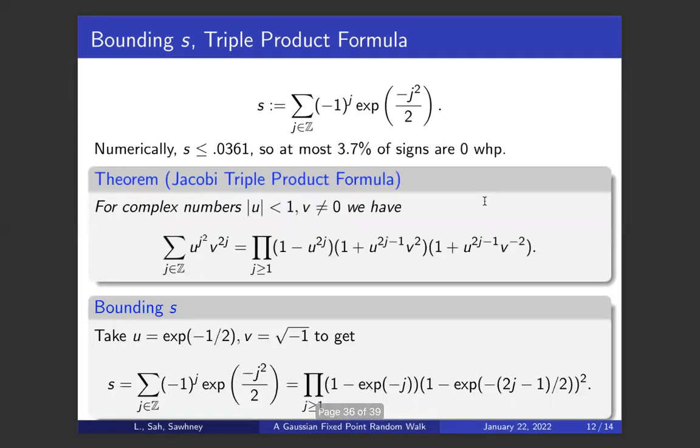We can apply this to express the formula for S in an alternate way by taking U equals X to the minus 1/2, V is root minus 1 in the Jacobi triple product formula to get that S is in fact the product of the following quantities as written. So notice that all the quantities in the product are between 0 and 1, and in fact, you can show that it converges. So evidently, we get that S is strictly between 0 and 1.